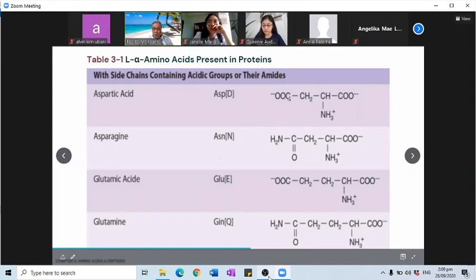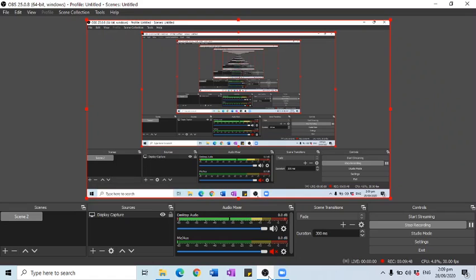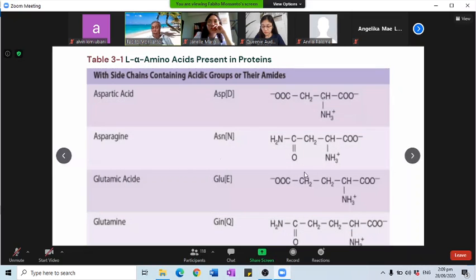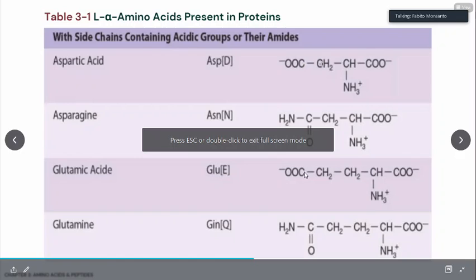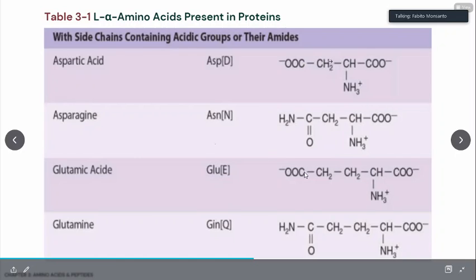However, this carboxyl group of your aspartic acid, on the beta carbon (alpha, beta), can react with an ammonium group, and you have what we call an amide. You see this?